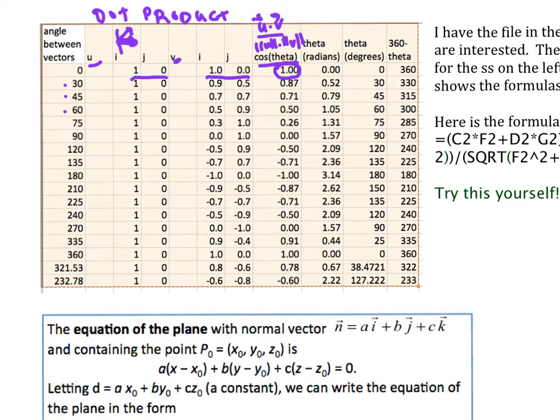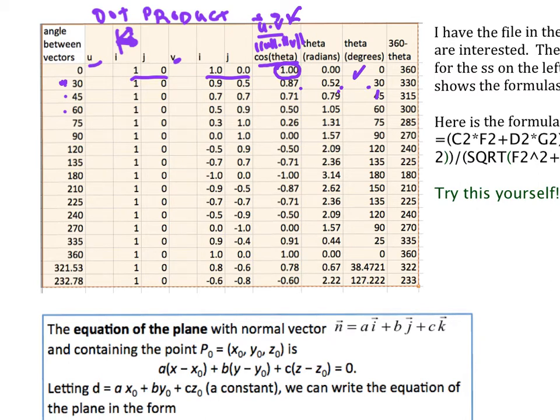But then I didn't. So look at these. This is theta in radians and then degrees. And so if I did 30 degrees, I calculated cosine of theta based upon this formula again, I get 0.87. If I find theta by doing the inverse cosine of that, I'm going to get 0.52 radians, which is 30 degrees, which is the angle measurement that I wanted.